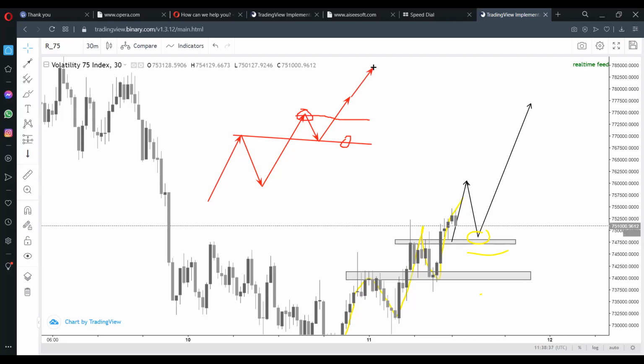I hope you are getting me. Then it means that if price is able to reverse, it will surely come back and kiss that zone. And if it gives us a kiss on that area, it will get a rejection right after price hits that area. I hope you are getting me.